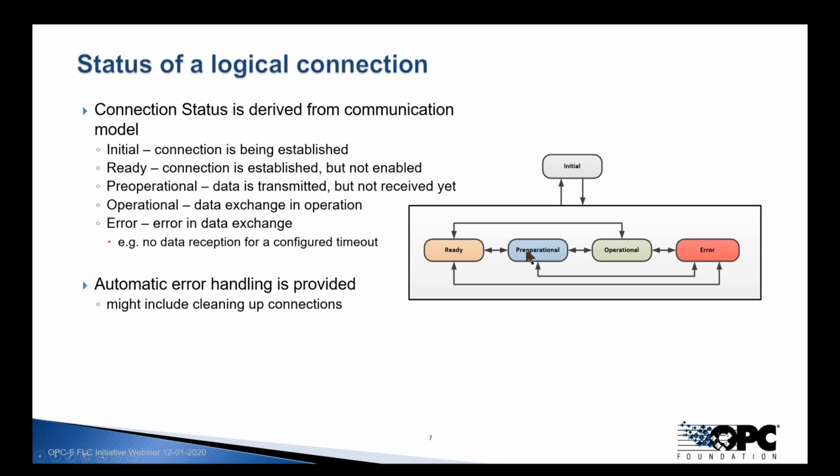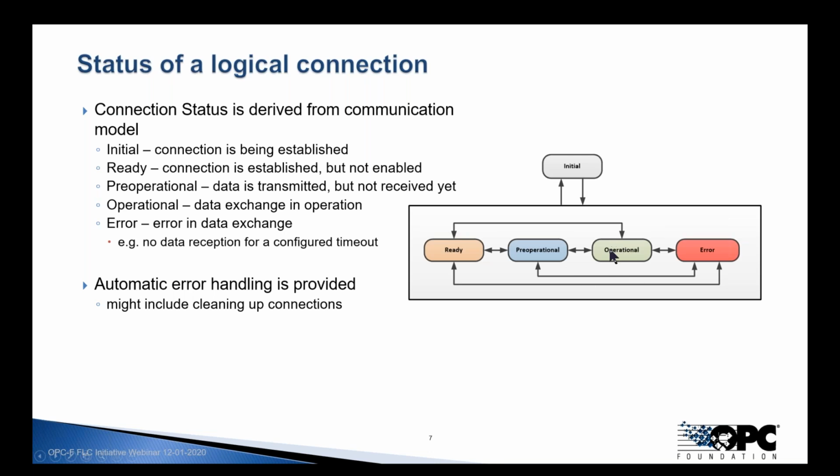For example, in this state we will wait on a TSN stream to be established, if we use a quality of service which relies on TSN being there. Or pre-operational could mean the dataset writer is already producing data, but we didn't get data back, like a heartbeat, from a dataset reader.